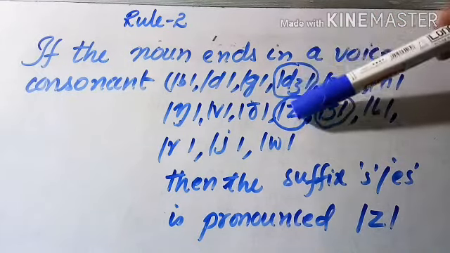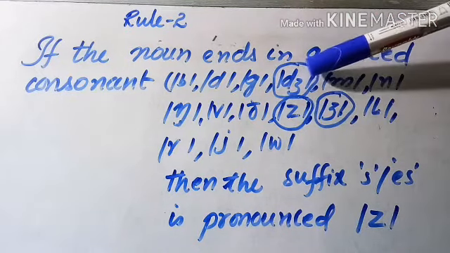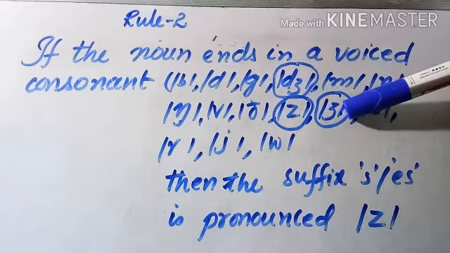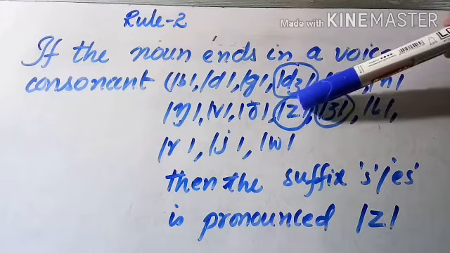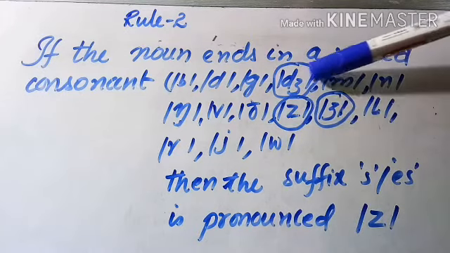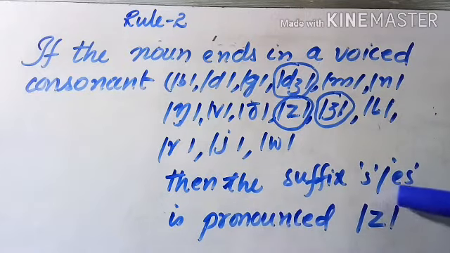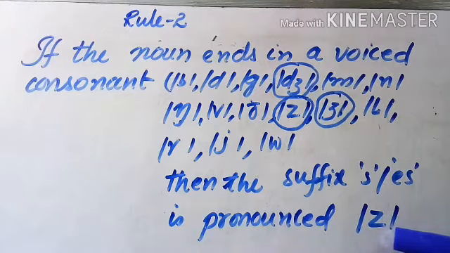Other than these three sounds, that noun should not have these three sounds, that is j, z and zh. All these three sounds should not be there. Then the suffix s or es that we add to the singular noun must be produced as z, not like s.